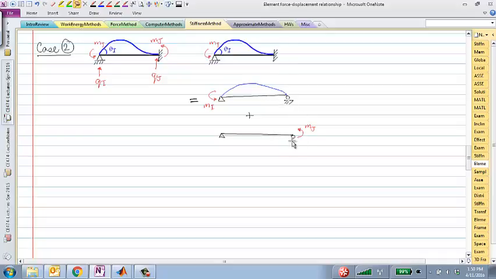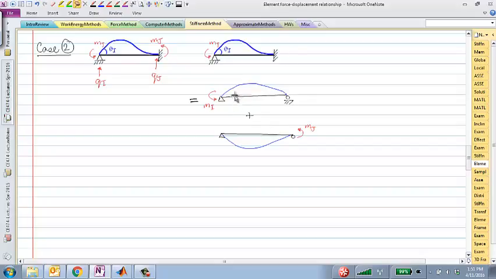So the question I'm asking is now, what is the correct amount of moment to apply at the right end so that when I combine these two deflected shapes, I get the correct response. Does it make sense? So if I add these two, I should get this response.